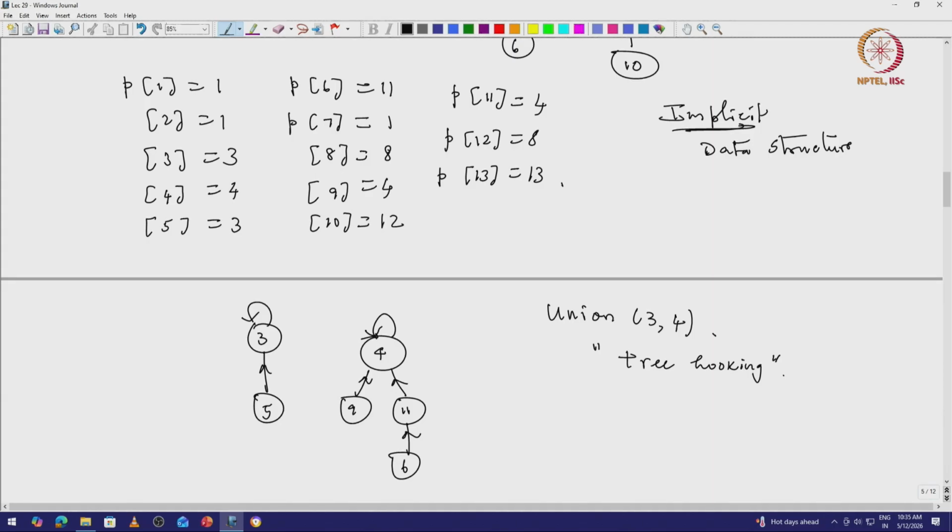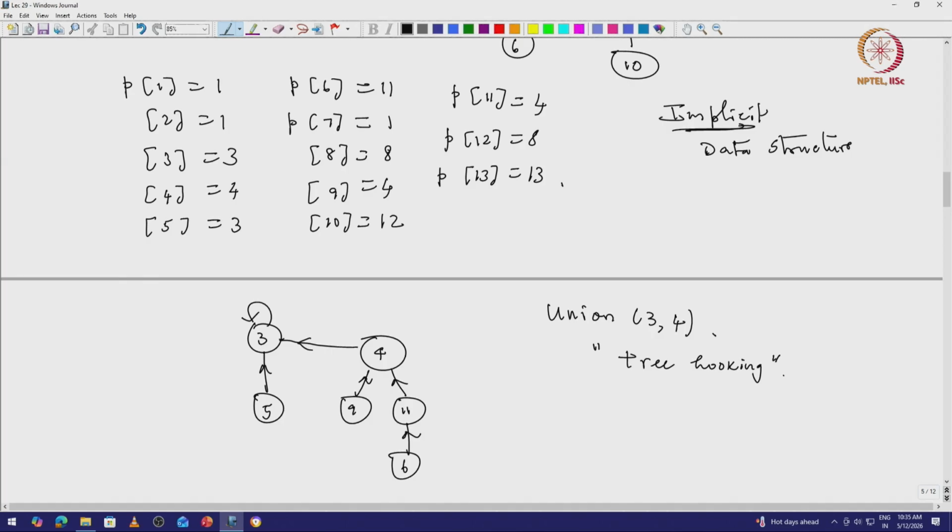By our convention, the minimum is the name. Therefore, you are going to hook the tree with 4 as a root to 3. Instead of this being a parent, now for parent, you do this, that is all. Now you see there is only one tree and 3 is at the root and this tree has got all the elements, the union of all the elements.